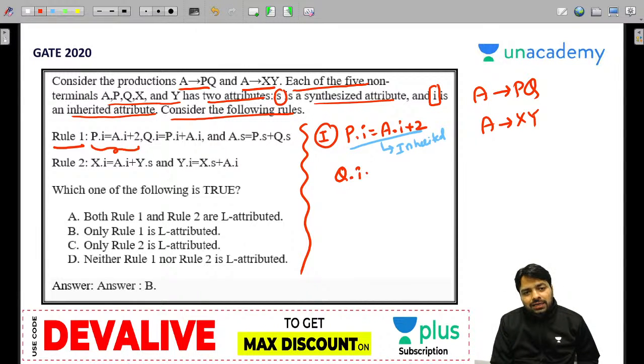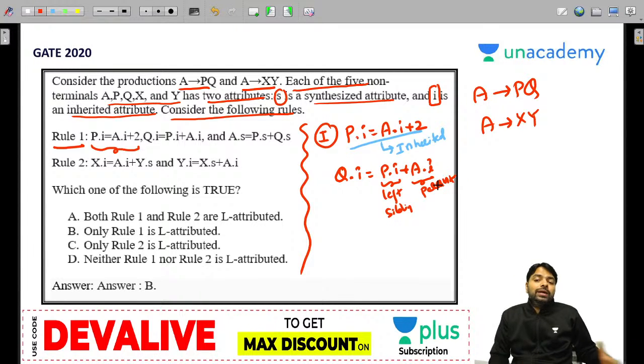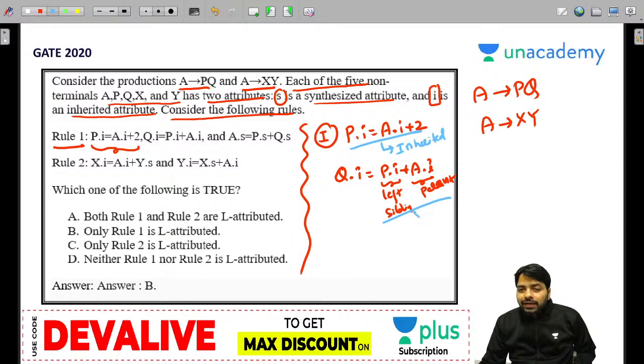Next one, Q dot I is equal to P dot I plus A dot I. Q is computed by depending on its left sibling. This is the left sibling and this is the parent of Q. So no problem, we can depend on the left sibling, we can depend on the parent, still it is inherited. Right? This concept can be used in L attributed grammar.